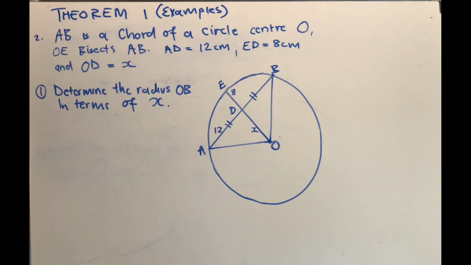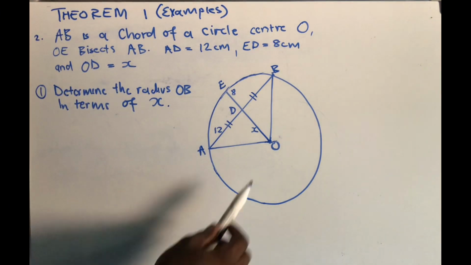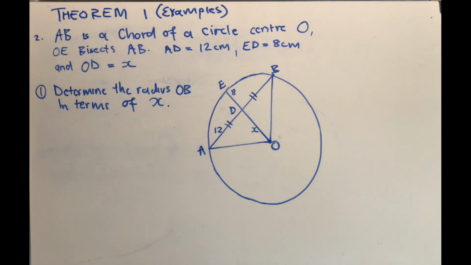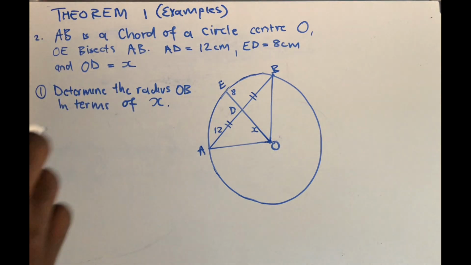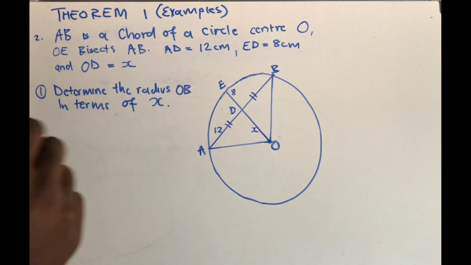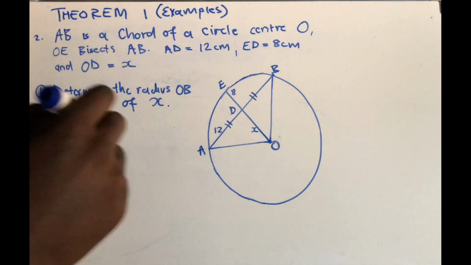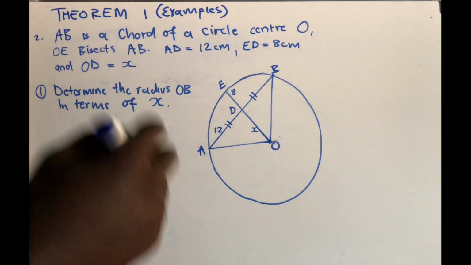And OD is equal to X. Now they are asking you to determine the radius OB in terms of X. Any line that is drawn from the center of a circle to the circumference is a radius. In that particular circle, if you draw another line from the center to wherever on the circumference, it's still a radius, and the lengths of the radii are all equal.